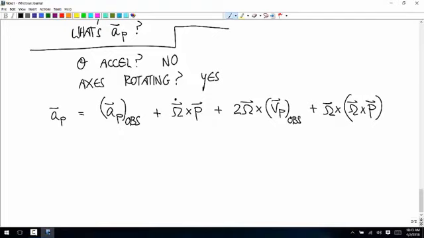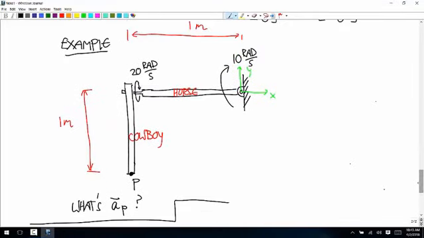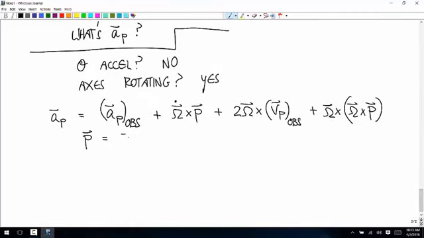All right, so I guess let's write down the easy ones first. What's the position vector of the point P? Yeah, -1, -1, 0, exactly. What's capital omega?